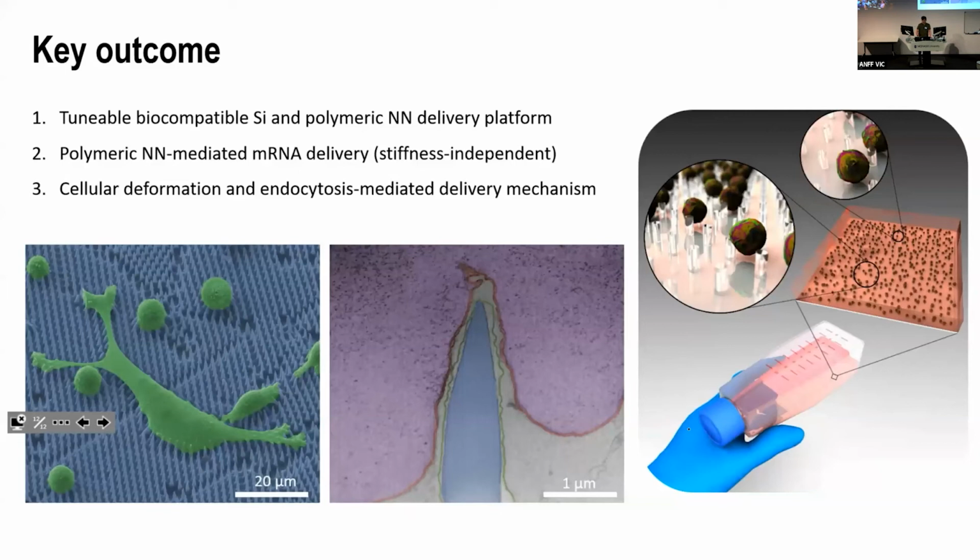With the transfection process, we actually use a centrifuge to pull the cells towards the platform. However, it's not necessary that the cell is actually penetrated by the nanoneedles. It doesn't always show that the plasma membrane is penetrated, but through the endocytosis pathways, it can enable the delivery of the messenger RNA.